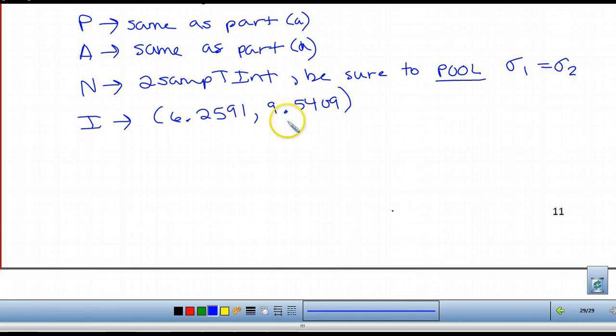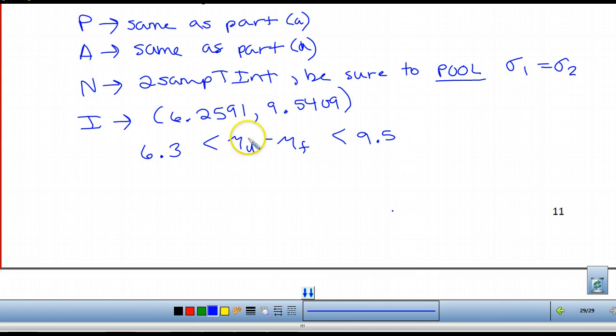Now, just like we saw when we did two proportions, this is going to be a little bit more complicated than when we just did one population. So this is going to be the mu unfiltered minus the mu filtered. It's doing the difference between, and I'm going to round off to 1 decimal place, so 6.3 to 9.5. They're both positive, which means in both the lower and the upper, the unfiltered is higher.